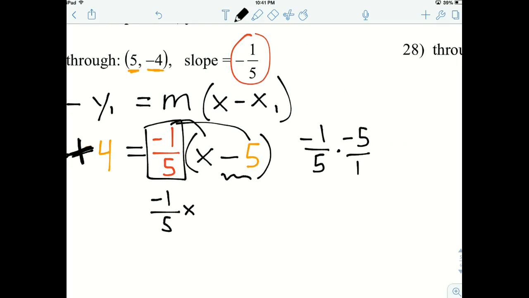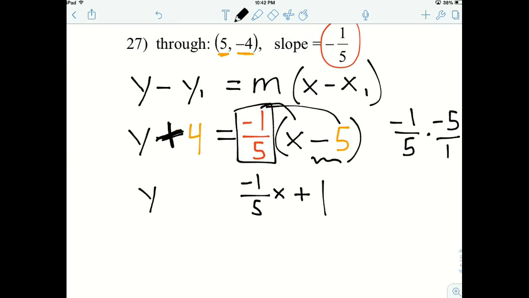On top, we're going to have negative times a negative is positive, 5 times 1 is 5. On bottom, we're going to have 5 times 1 is 5, and that's going to simply go down to 1. So if you don't mind writing that out, you are free to do that. If you would prefer to do anything with fractions in a calculator, that is an option for you. So you'll get plus 1 here, because it did become positive.